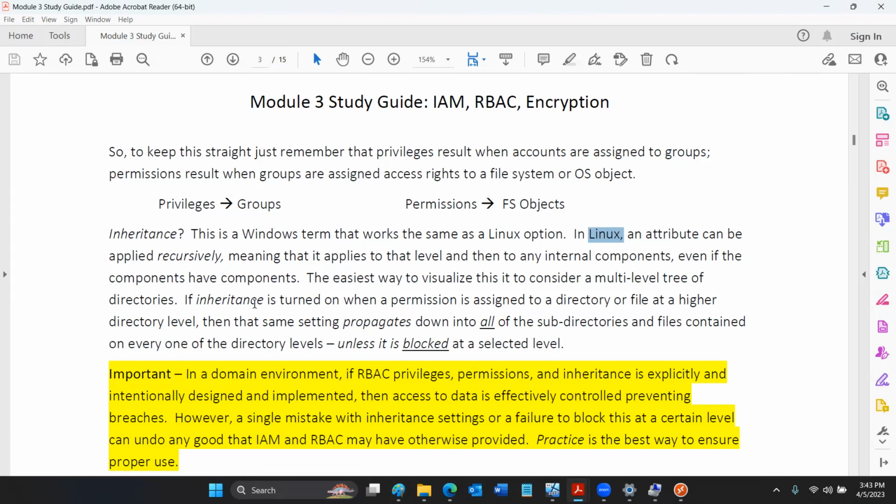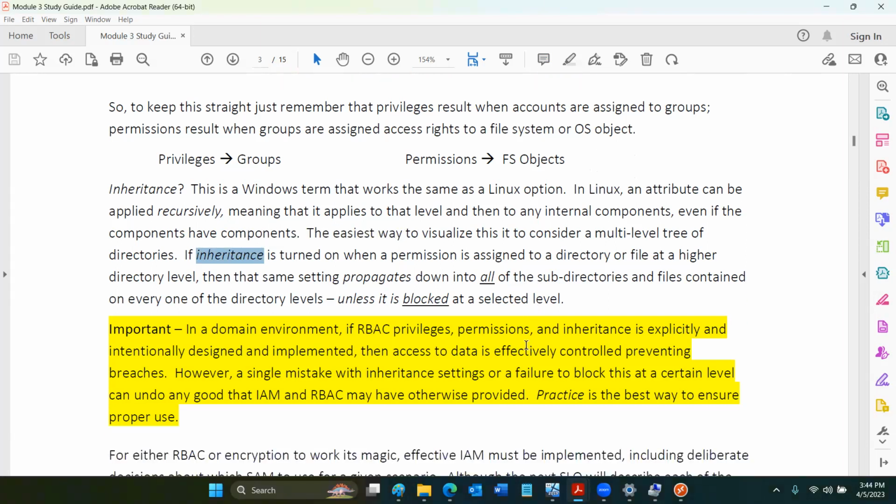So whether you're talking about recursion in Linux or inheritance in Windows, it's important, as we demonstrated in our last class, that those permissions propagate all the way down into the different subdirectories. And you have to really understand where or how you want to block those permissions at a certain level or for a certain subdirectory.